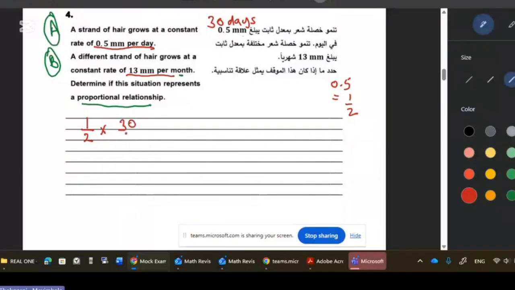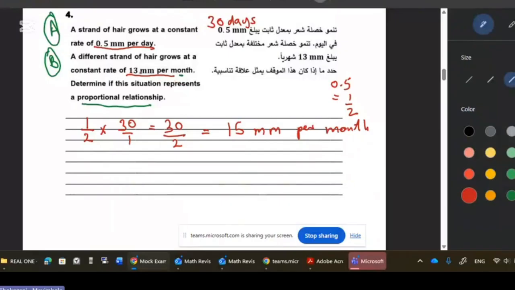So I'm going to make this a fraction as well. So 1/2 multiplied by 30, it's same as 30 divided by 2, which is going to give me 15. So now, this means I have 15 millimeters per month, no longer per day. Are we following?